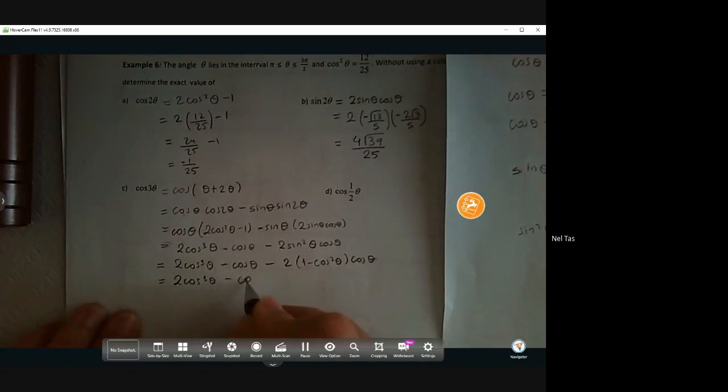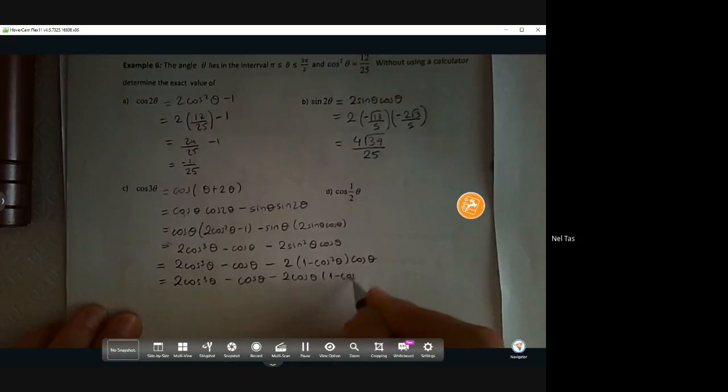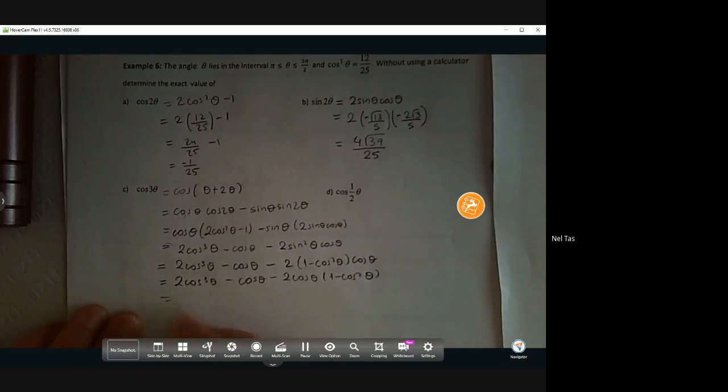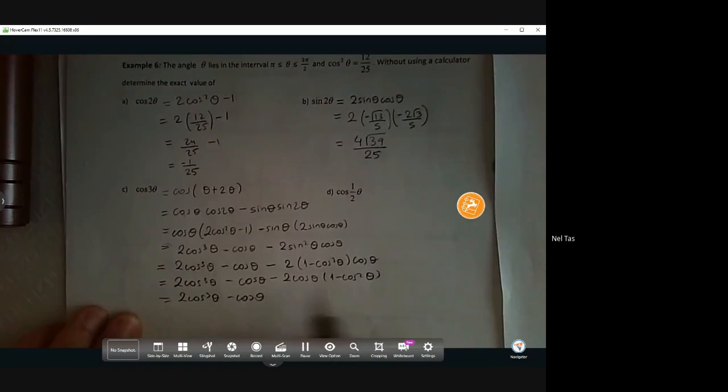So if we expand this, it is hard to distribute this way because we need to multiply the terms in the bracket with 2 and also with cos theta. So we can just put 2 cos theta together and then distribute it. So you get minus 2 cos theta and plus 2 cos cubed theta.